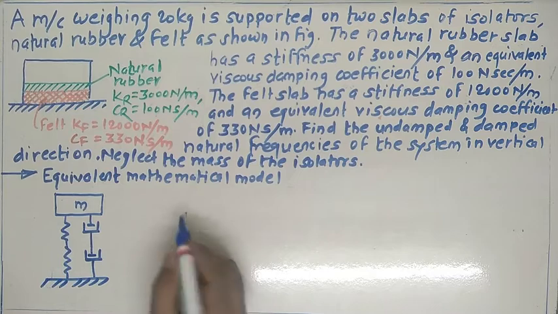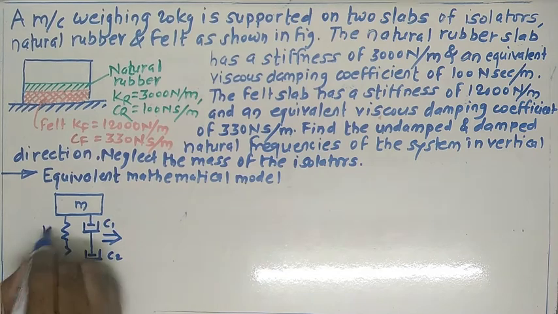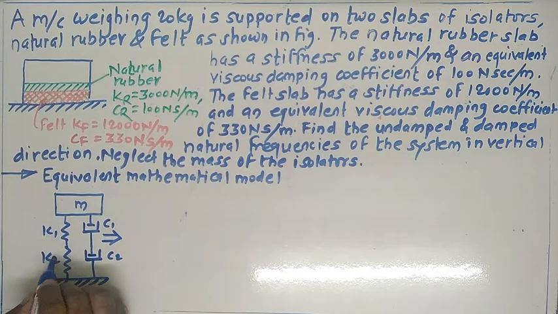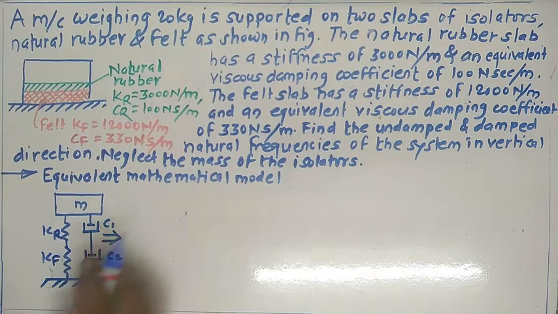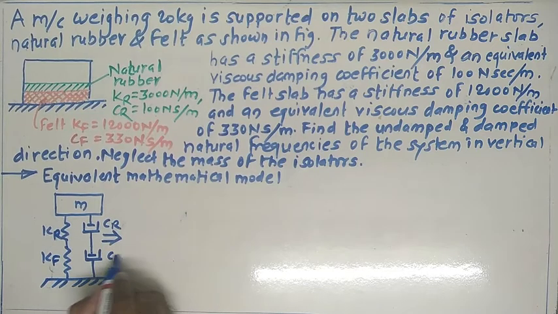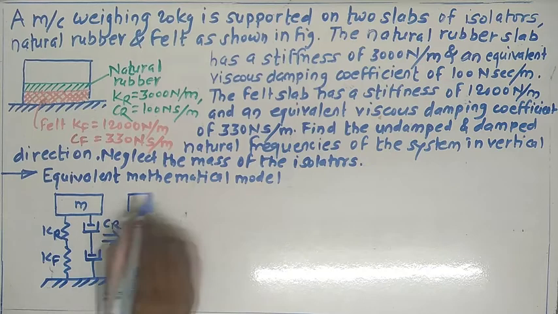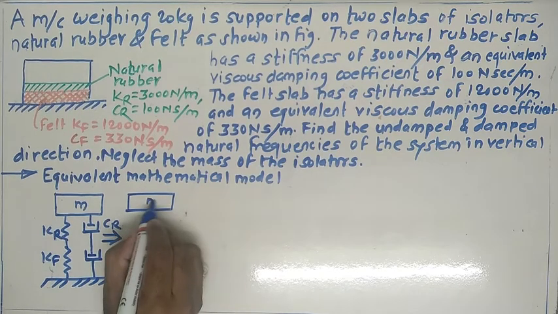So the equivalent mathematical model we can get like this. I consider k1, k2, and give the suffix r for the rubber and f for the felt. Now, the equivalent model for this: the mass term is with us here.